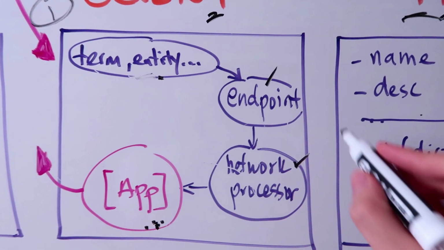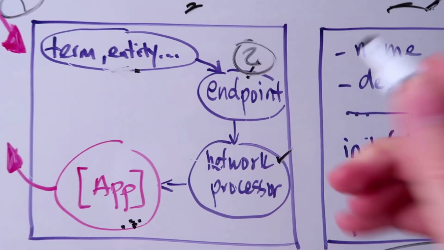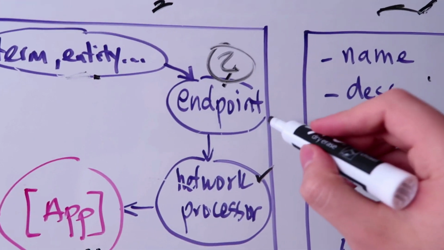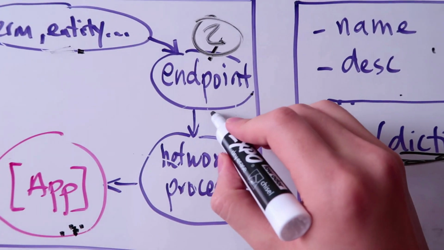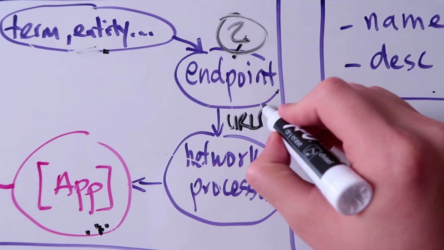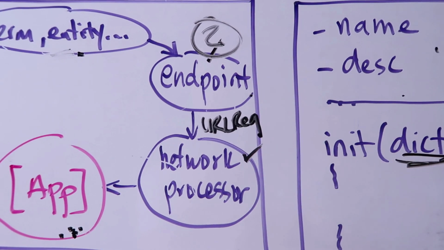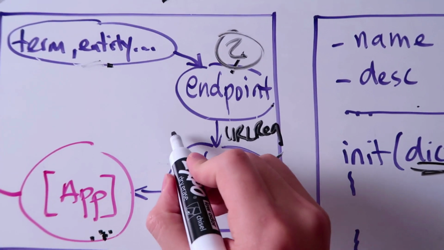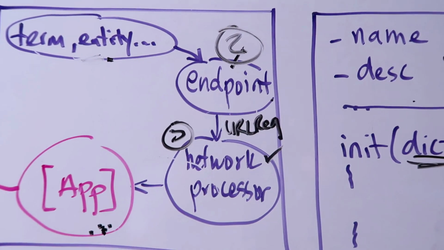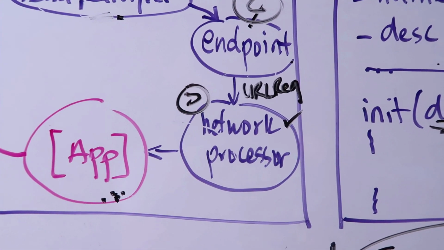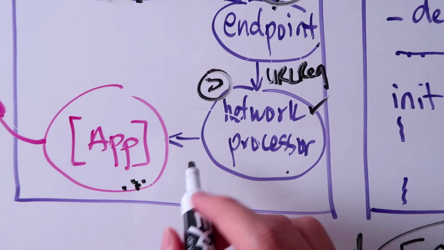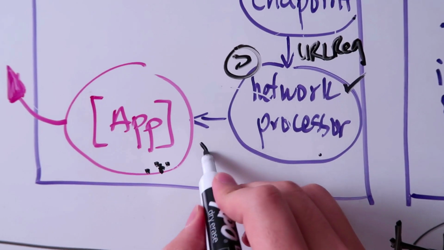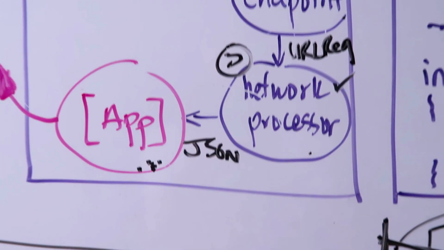Number two, it will create a new endpoint instance, and this endpoint instance will give us that URL request. And number three, from that URL request, we are going to use the network processor. From that network processor, it will download some data. It gives us the JSON.